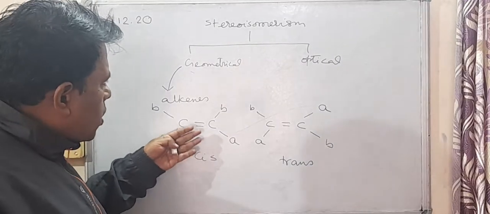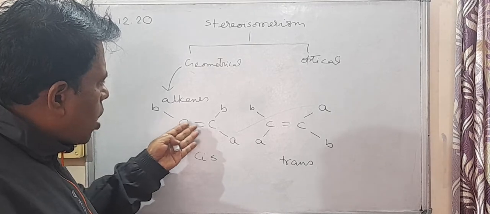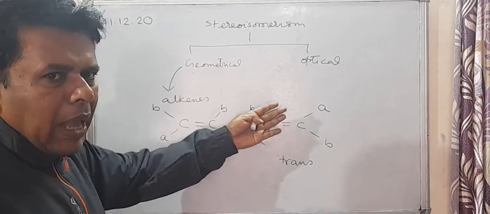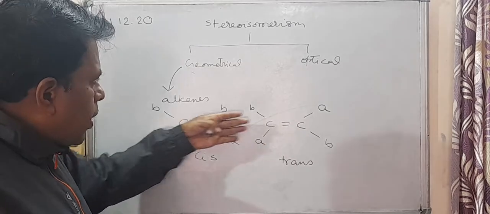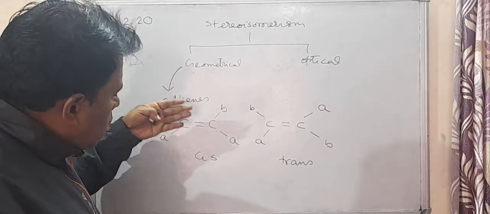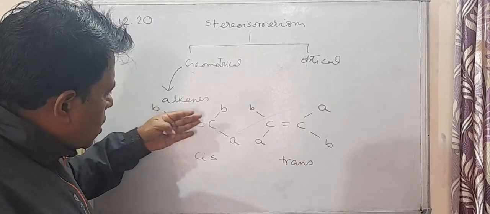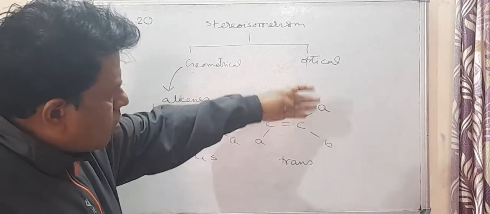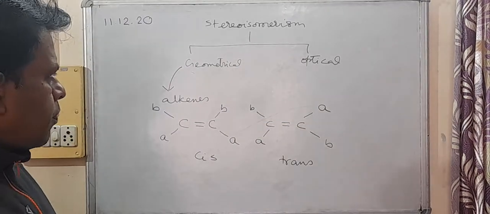It happens with a carbon-carbon double bond because it is sp2 hybridized. This molecule is planar. When the same groups are on the same side of the double bond, it is called cis. When the same groups are on the opposite side, it is called trans.